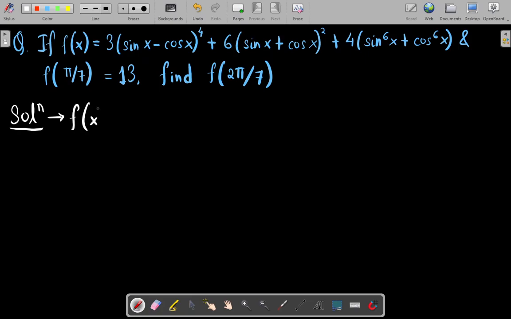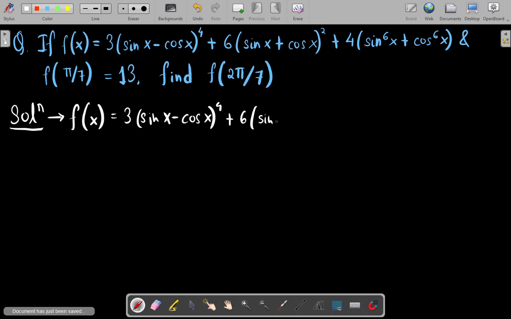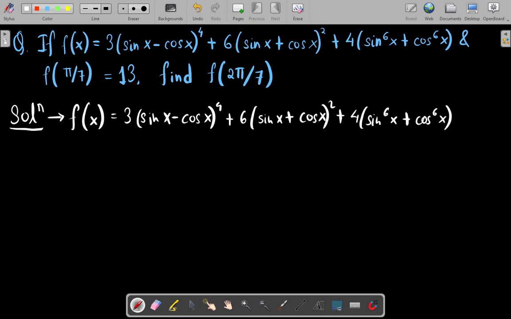We are given an expression for f(x), which is 3 times (sin x minus cos x) raised to the power 4 plus 6 times (sin x plus cos x) square plus 4 times (sin to the power 6x plus cos to the power 6x). First of all, in the first term, this can be written as (sin x minus cos x) whole square, squared again, right?